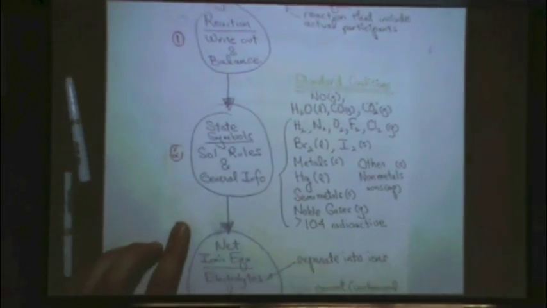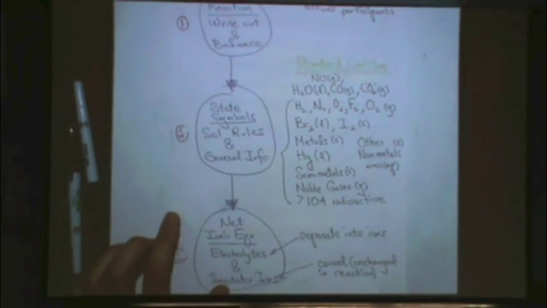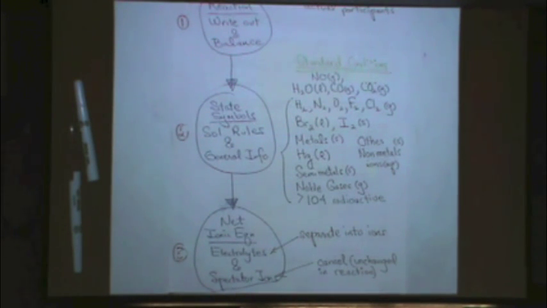And then your final last step is to write the Net Ionic Equation. What you need to do that is basically canceling out or removing all the spectator ions. To do that, you need to know a little bit about electrolytes, which we also covered last time. That's also in your reader. You need to be able to tell the difference between a strong and a weak electrolyte. That's page 32 of the reader.